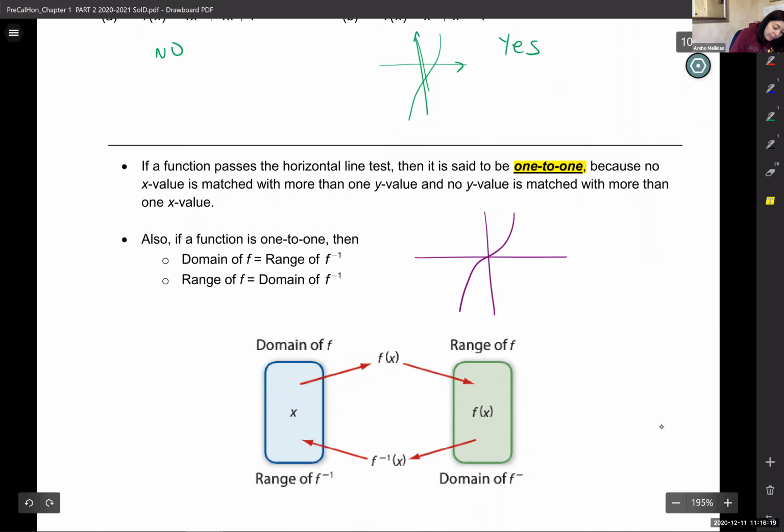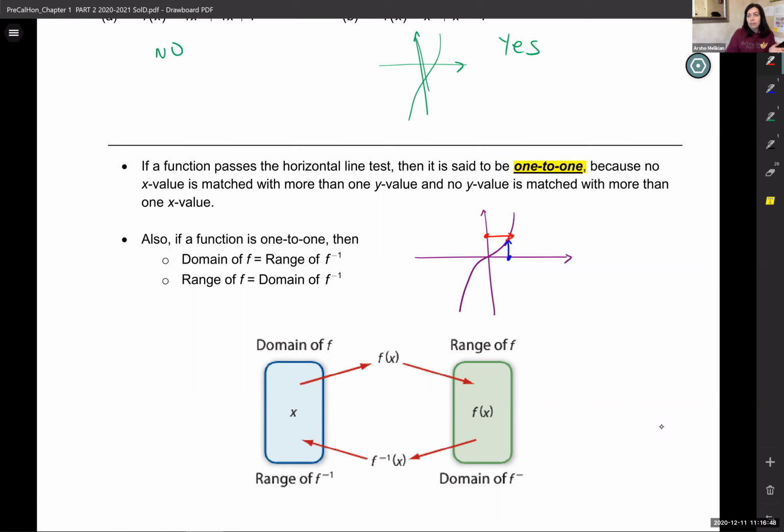This is something that passes the horizontal line test. Why is this 1-to-1? Because for each x value, I get exactly one y value, correct? Also, for each y value, I get only one x value. That's what it means to be 1-to-1.